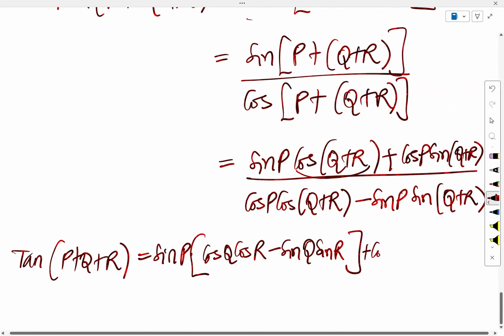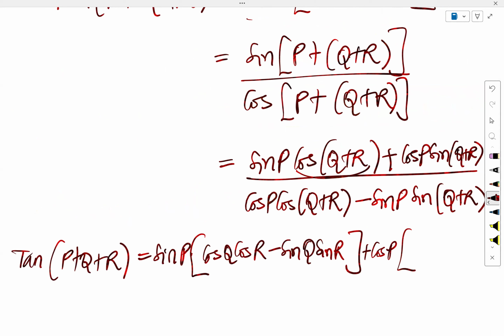So you now have cos P into sine(Q+R). That is sine Q cos R plus cos Q sine R.